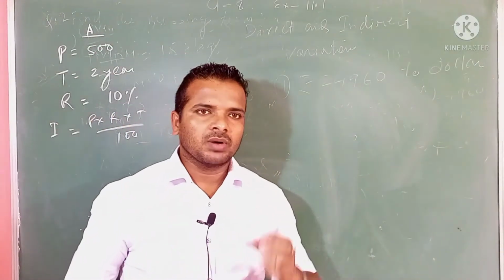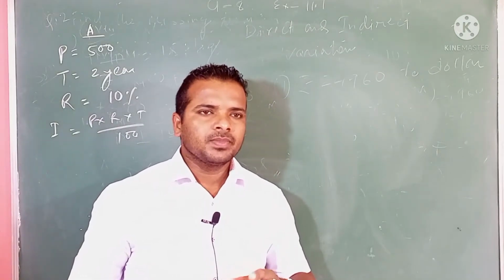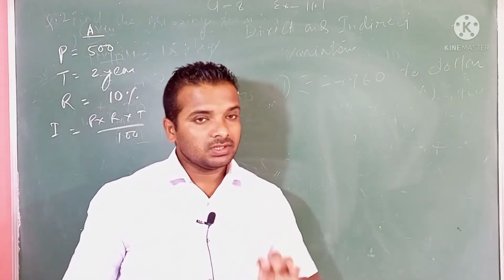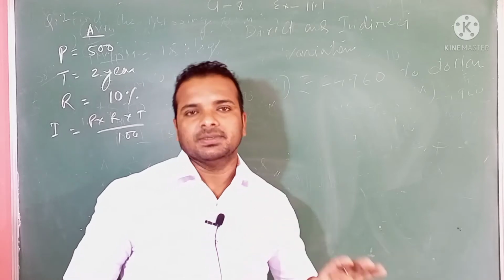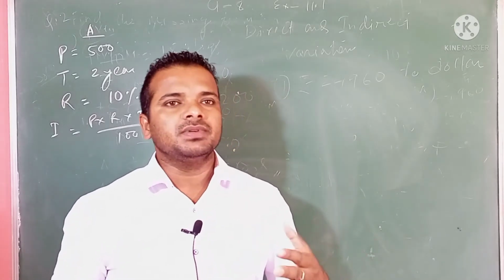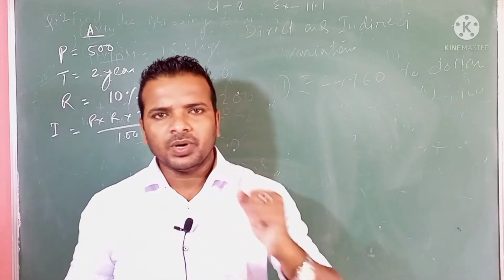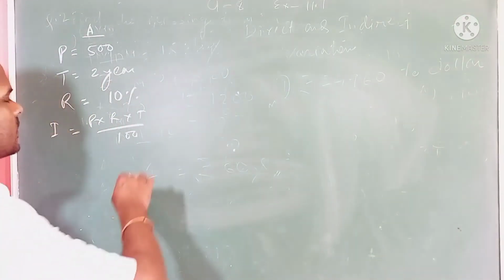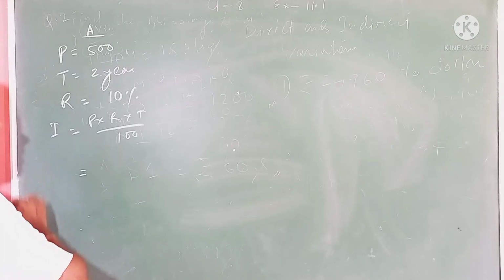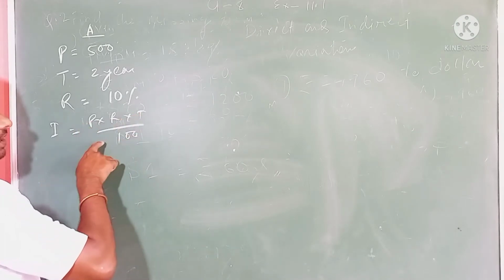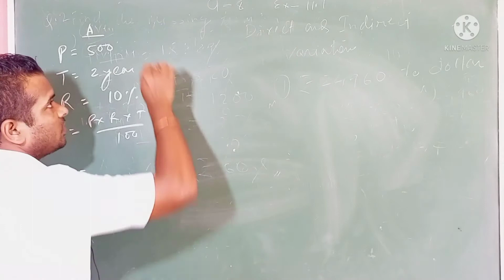There is a formula for compound interest, and with that you can do it, but to make you clear about the concepts, what is the difference between simple interest and compound interest.